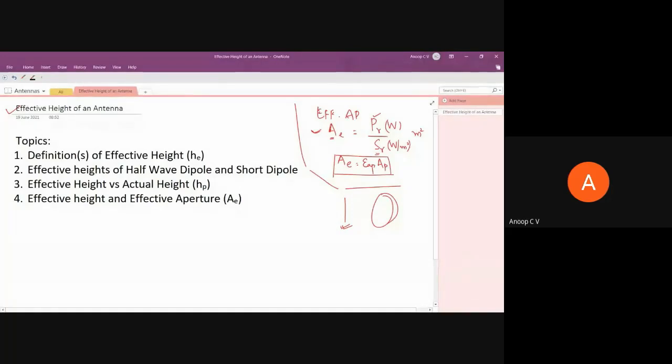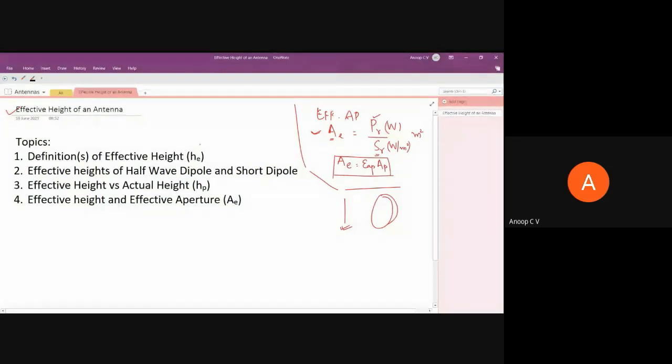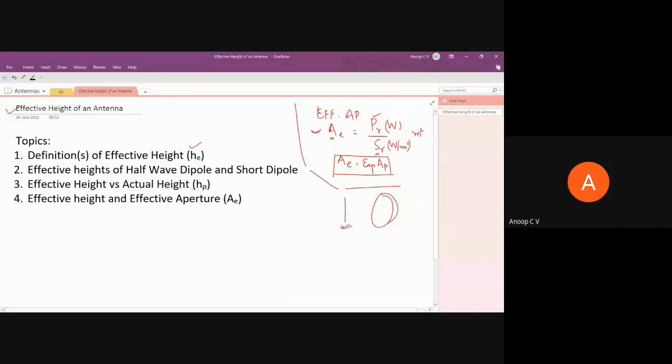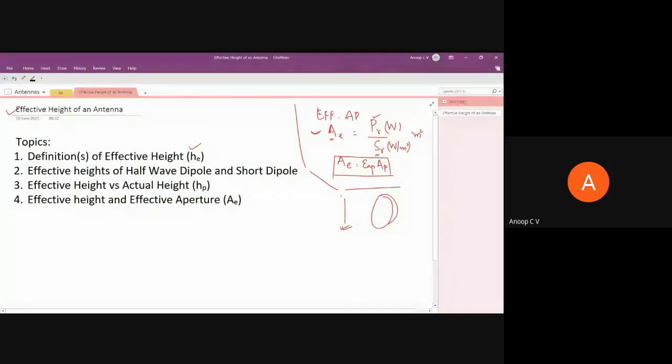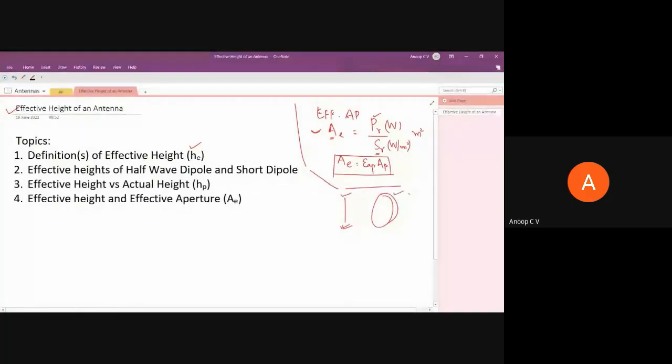So for such antennas, tower type or wire type, we come up with a similar parameter, that is effective height. I'm not saying effective height is defined only for wire antennas and effective aperture only for aperture antennas. Both AE and HE can be defined for either, but for our convenience, and to satisfy our logic, we'll do this.